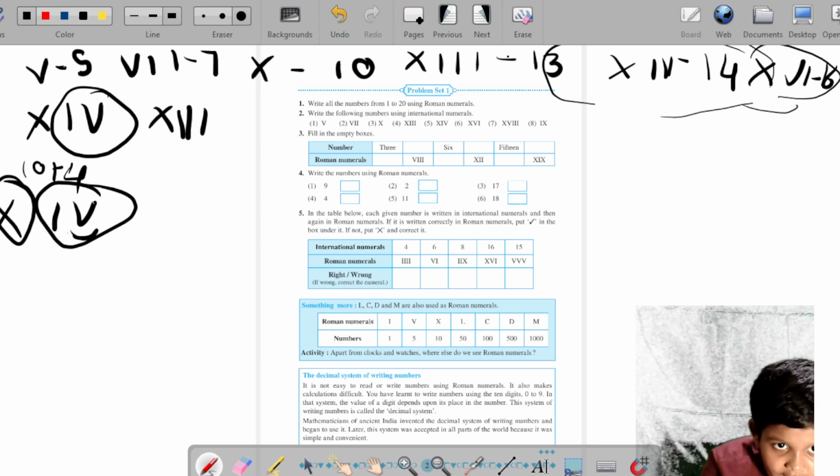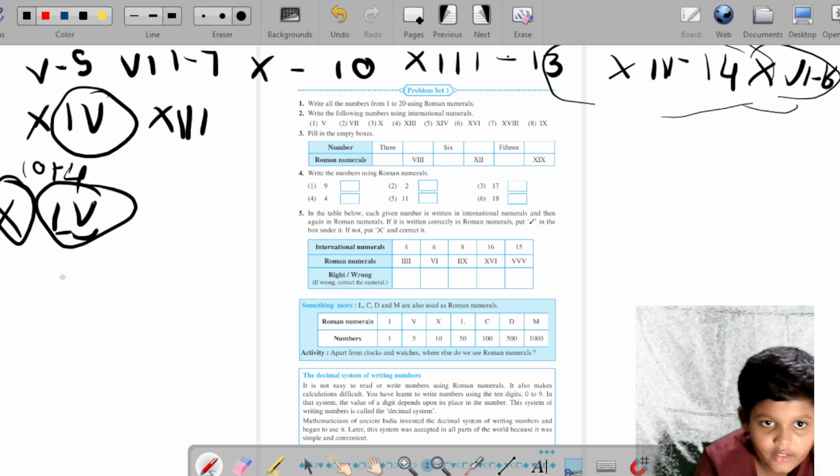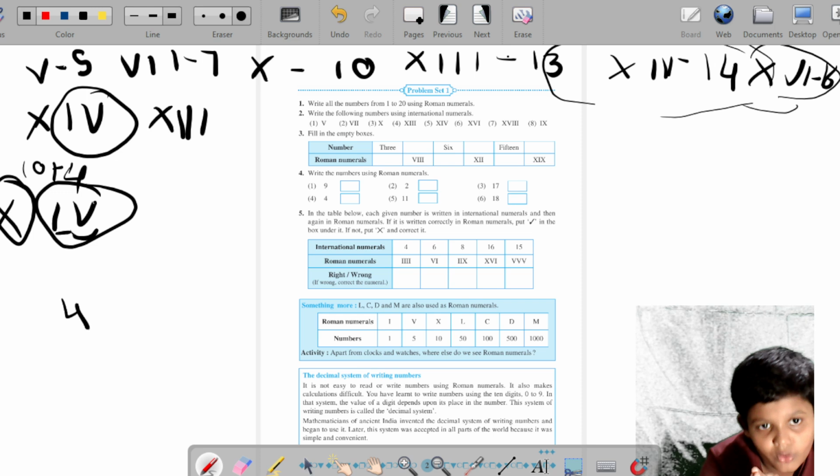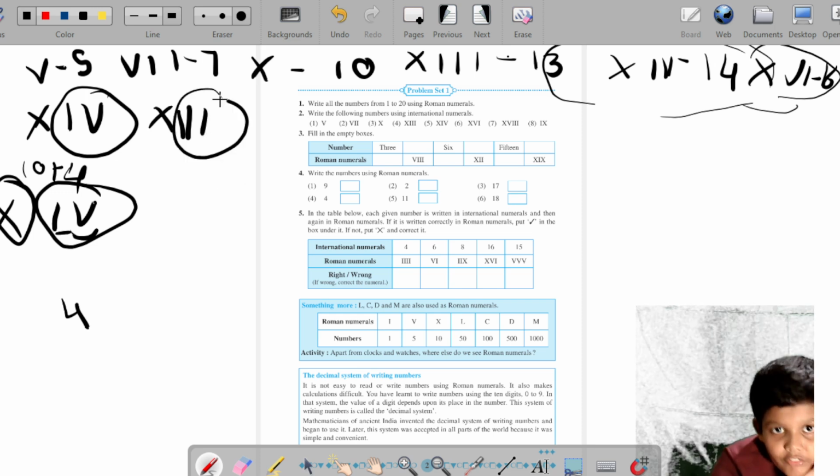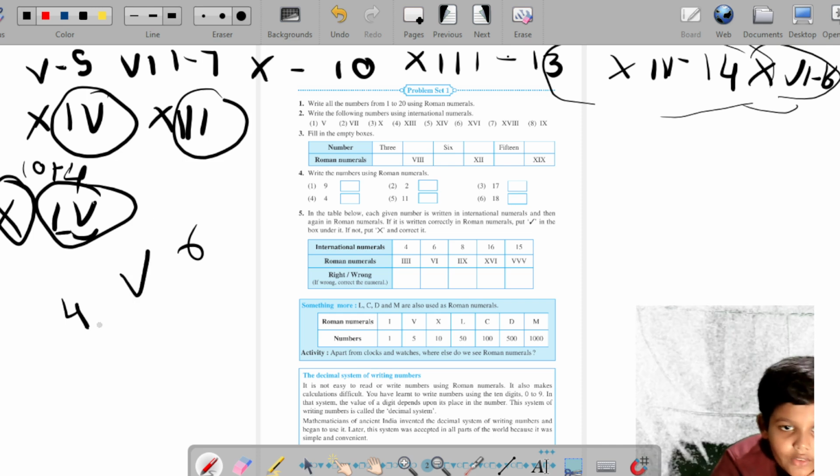Before the V, we write I, it becomes 4. And after V, we write I, it becomes 6. Because V is 5. 4, 5, 6.